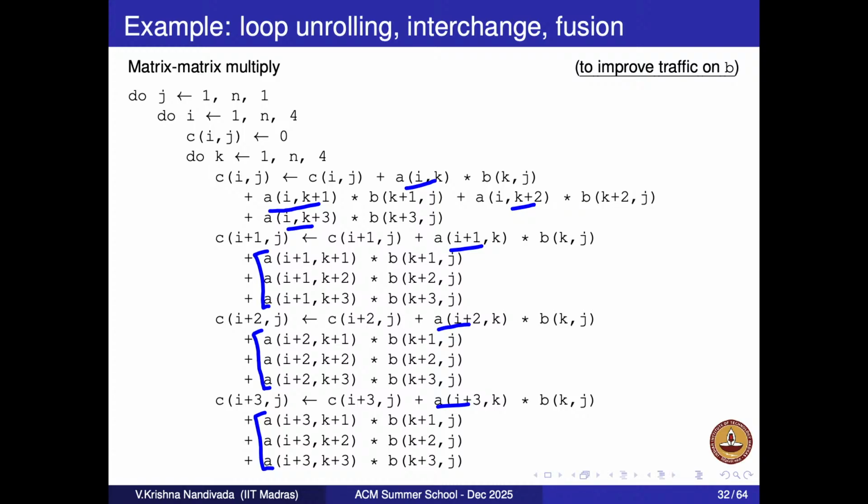Loads have gone. So what I will do, let's say I will write B0 equal to Bkj, B1 equal to Bk plus 1j, B2 equal to Bk plus 2j, B3 equal to Bk plus 3j.